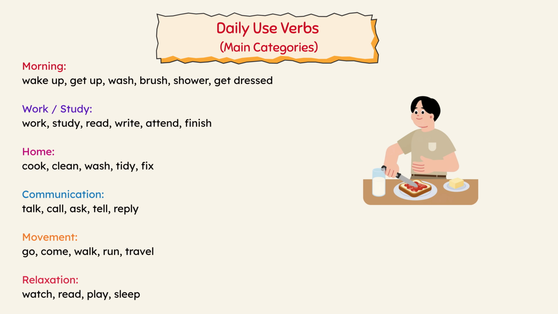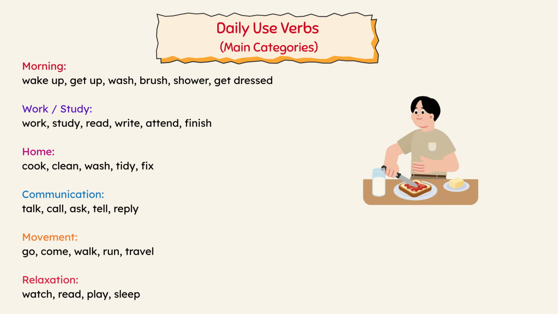Now let's look at some important daily use verbs. These are common action words that help you talk about your routine clearly. First, for morning activities, we use verbs like wake up, get up, wash, brush, take a shower, and get dressed. For work or study, we use verbs such as work, study, read, write, attend, and finish.